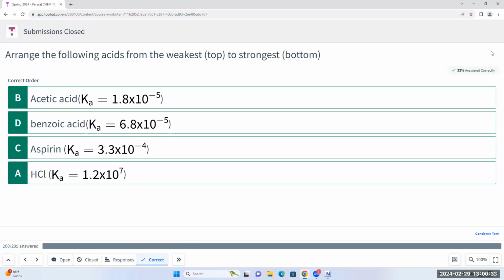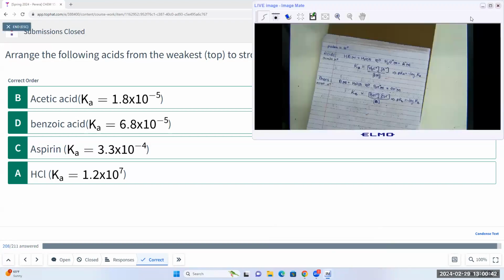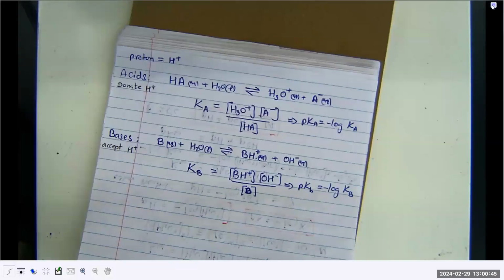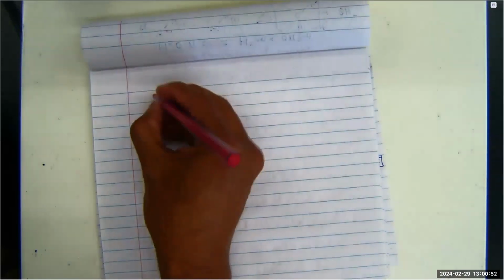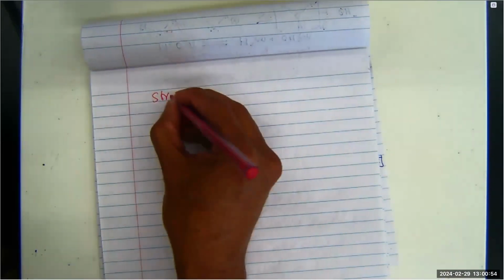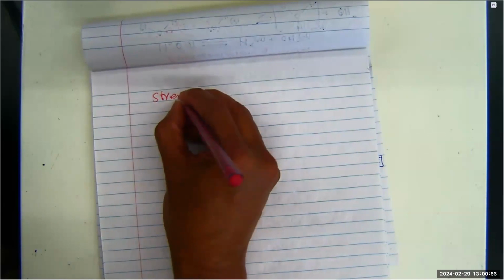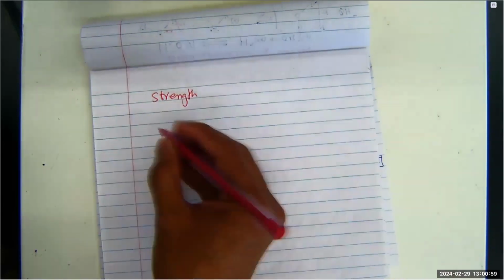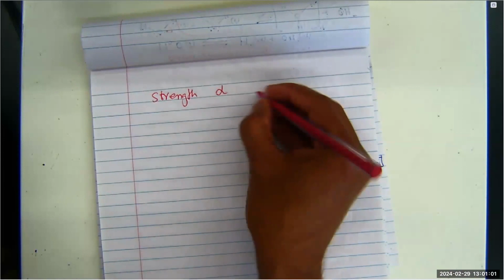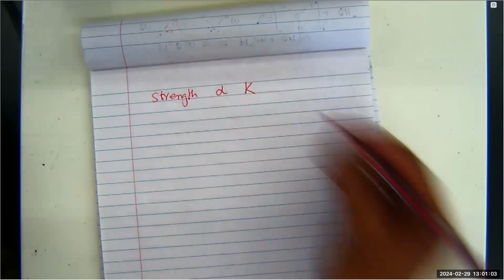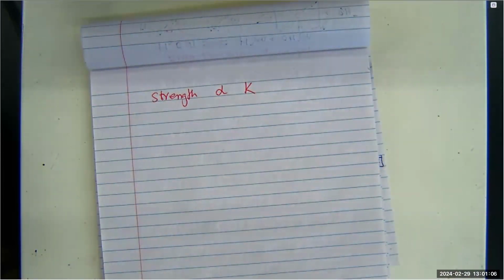Maybe we swap them. If not, we need to make this small note in our one-page note or in our notes. Let me do it in my notebook. So the note should go like this. Strength, and I'm going to write this in red, is proportional to uppercase K, the extent.